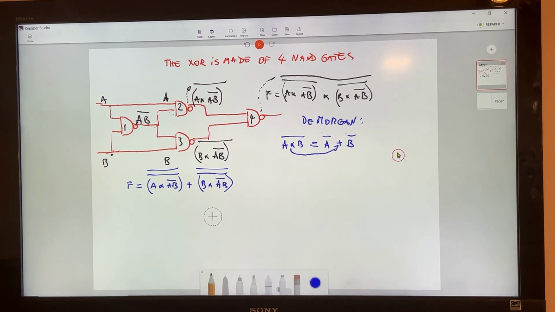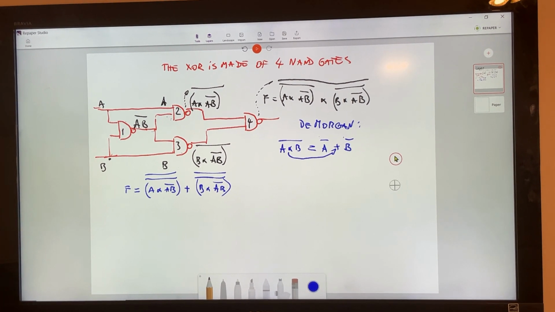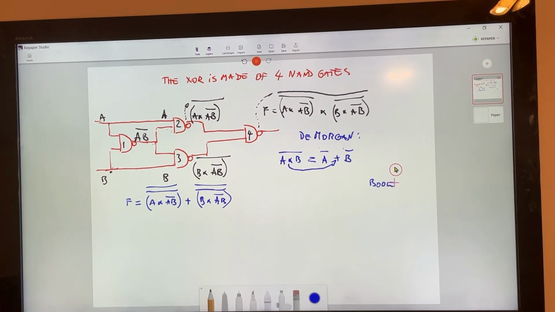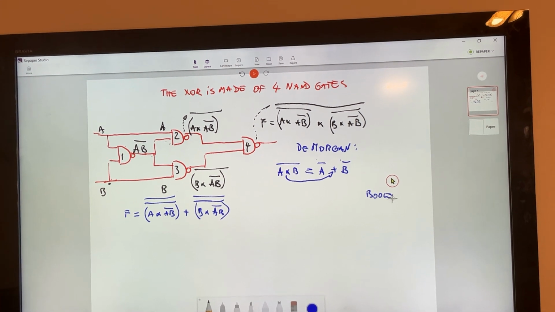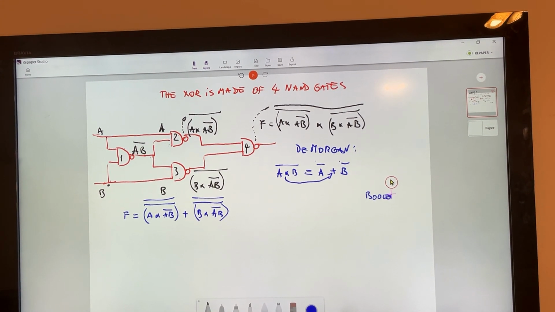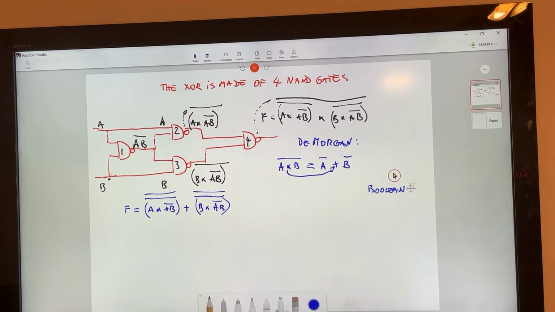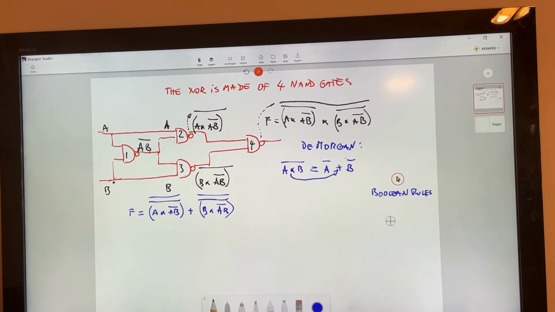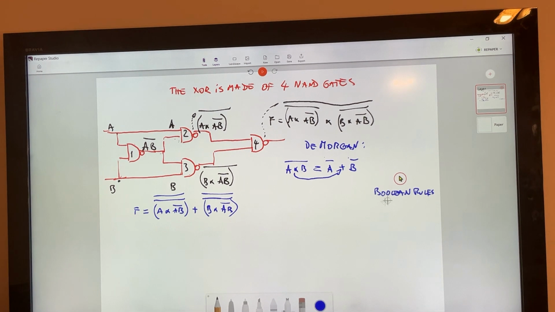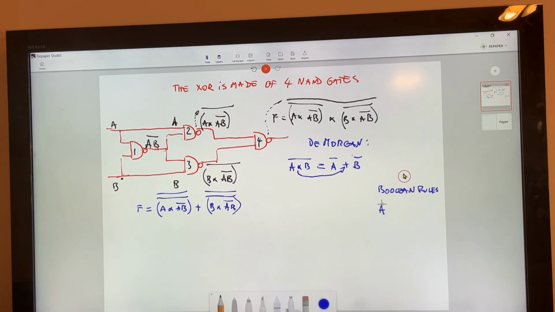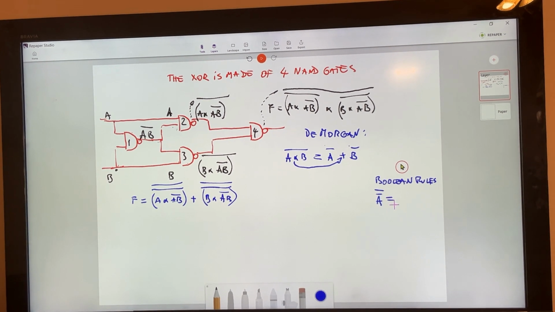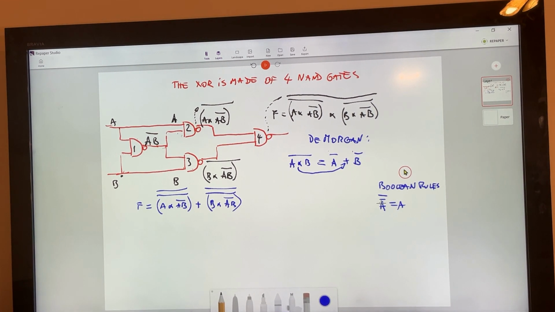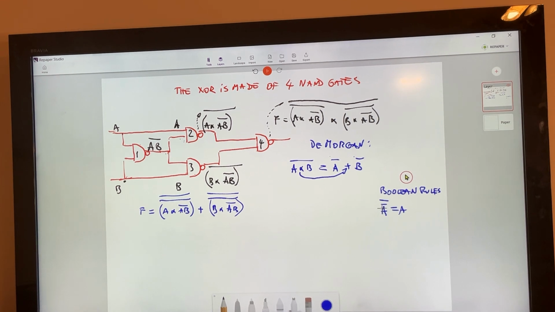But now, let's recall some of the Boolean rules. And I'm going to write them here. Remember from the inverter, A with a double bar is the same as A, because it's like you reverse this 180 degrees and 180 degrees again.